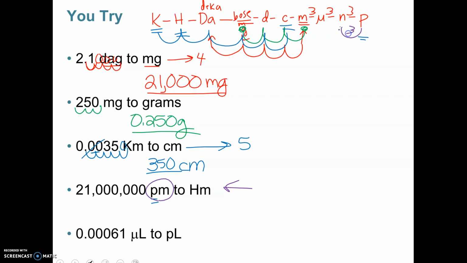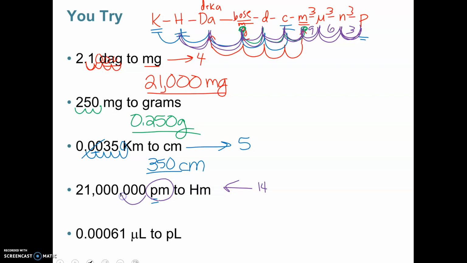These are 3 decimal place jumps. So 3, 4, 5, 6, 7, 8, 9, and then the rest of these will just be a single jump. 10, 11, 12, 13, 14 spaces to the left.